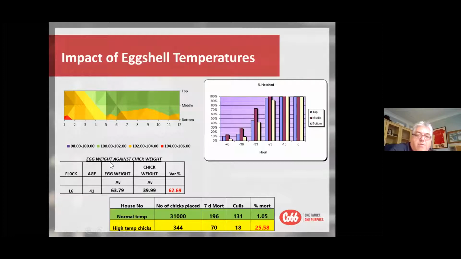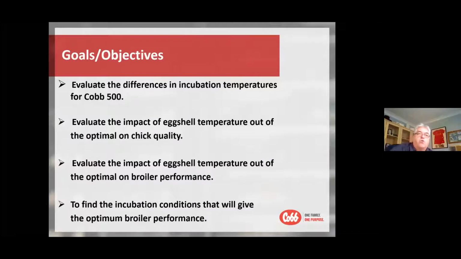So this really took us on to doing some more extensive trials to look into temperature and its impact on broiler performance going forward. Our goals were to evaluate the differences in incubation temperatures for Club 500, to evaluate the impact of eggshell temperatures outside the optimum on chick quality and on broiler performance, and to try and find incubation conditions that will give optimum broiler performance.